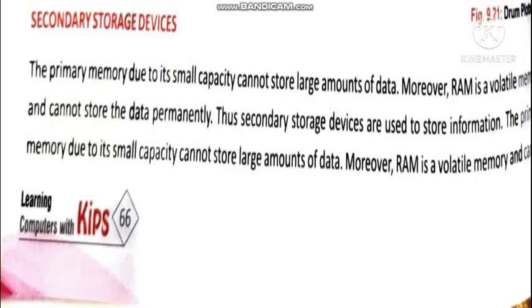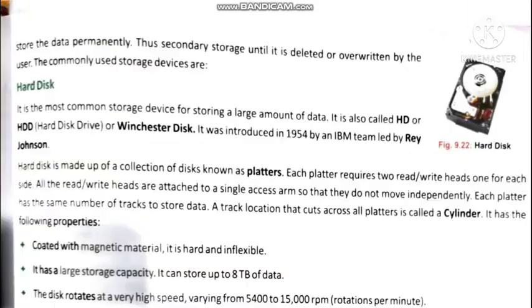So let's start with some examples of secondary storage devices, where the first one is your hard disk. The hard disk is inbuilt in your system and is used for storing large amounts of data. Most of the data which you store permanently goes to the hard disk. Sometimes you must have heard that your hard disk crashed and you want to recover the data.